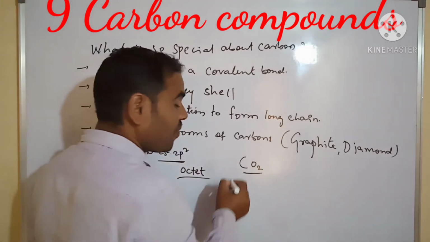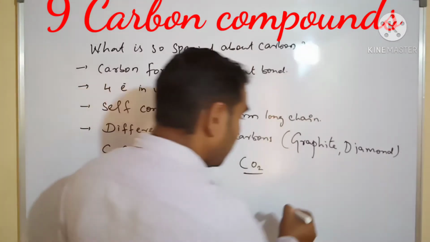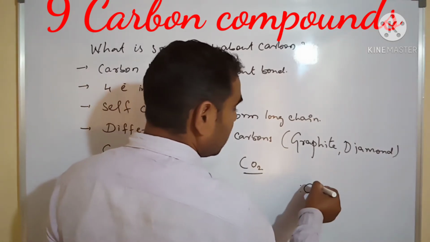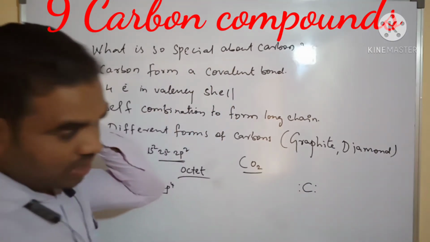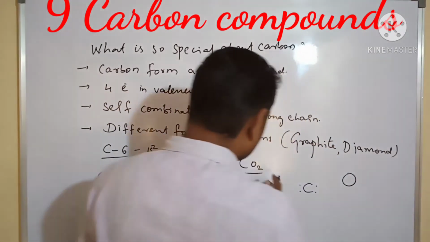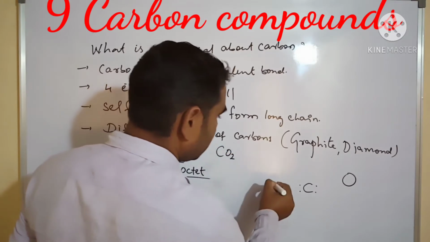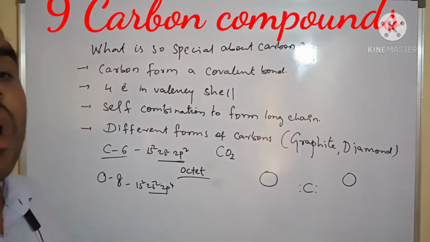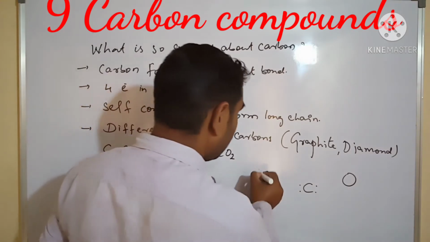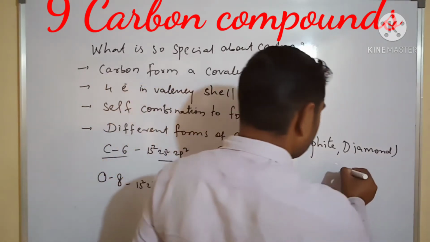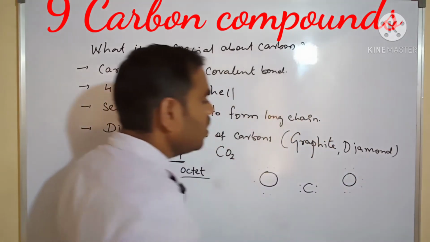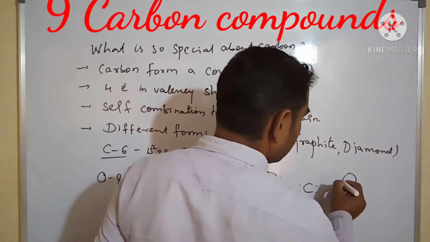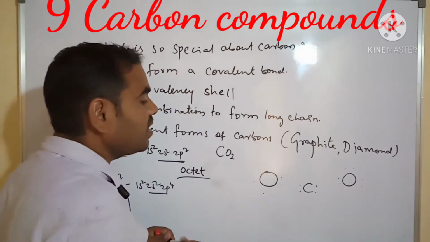Now look at carbon, which has 4 electrons in its outermost shell, and oxygen, which has 6. Here they form a covalent bond, binding with carbon.